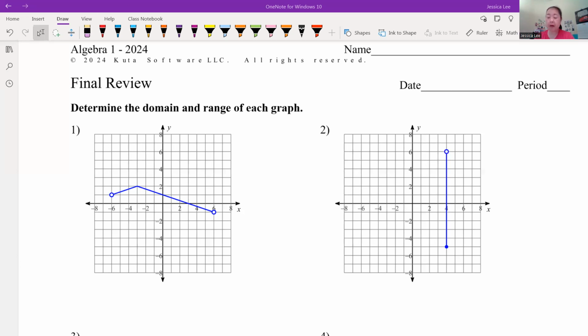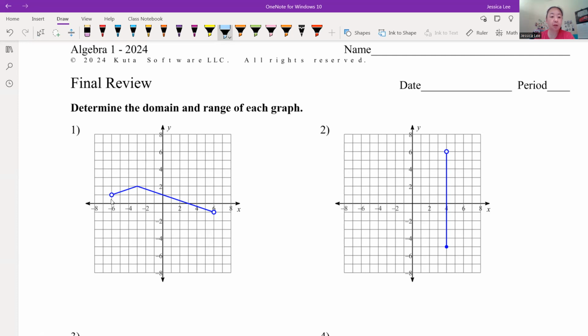Okay, so here we have the domain and the range of every graph. And for the first one, let's make domain blue. The domain talks about all the x values of this graph. If you look at this graph, I would go all the way to the left.